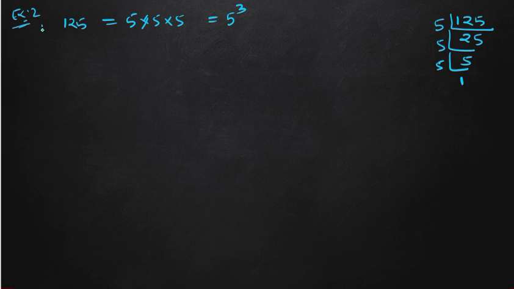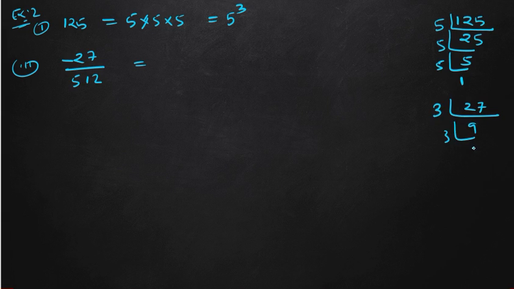Suppose I take the third one, that is minus 27 by 512. The numerator is minus 27. Just find the answer for 27 first: 3 nines are 27, 3 threes are 9, 3 ones are 3. Since the minus sign is there, all will be negative, because minus into minus is plus, plus into minus is minus, in this way.